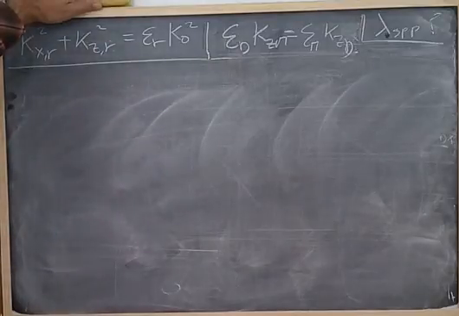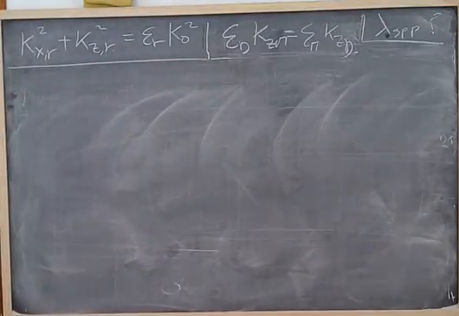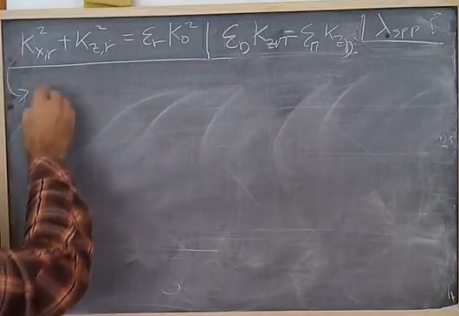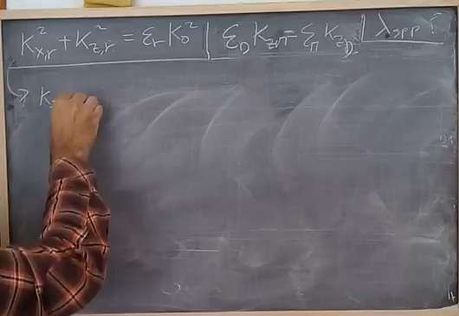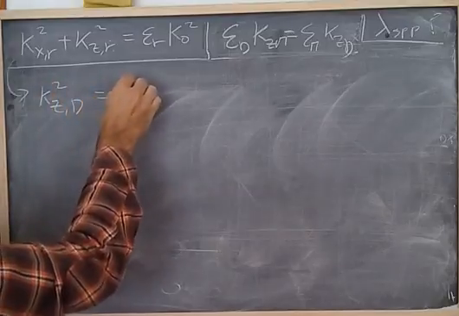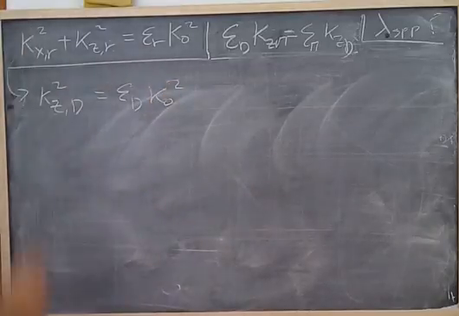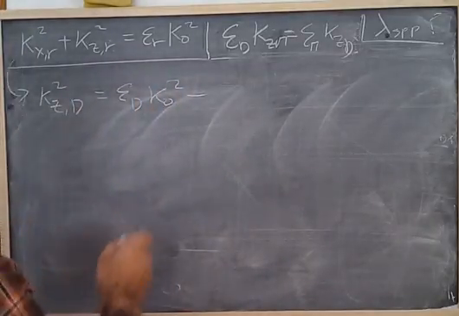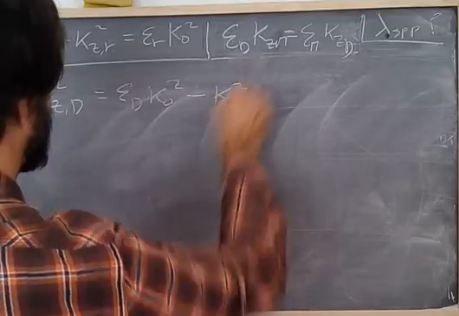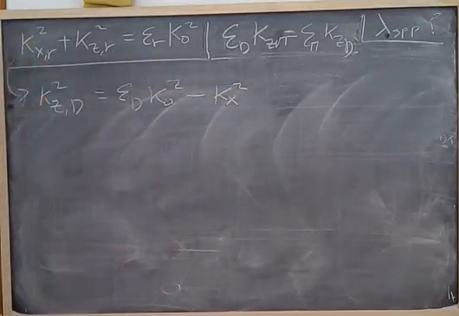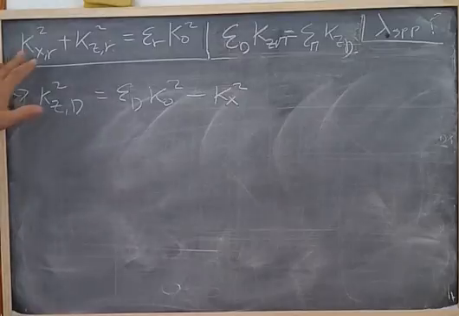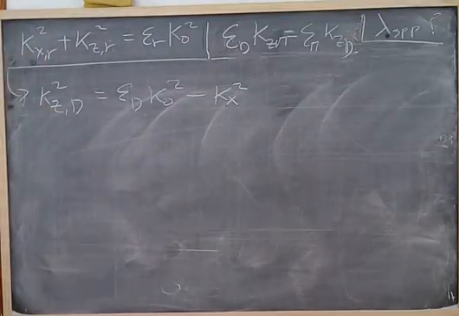From the Helmholtz equation, I have this relation for the vector. So I can write Kz dielectric squared is equal to epsilon dielectric k0 squared minus kx squared, because the dielectric and the metal in the x direction are equal, right?